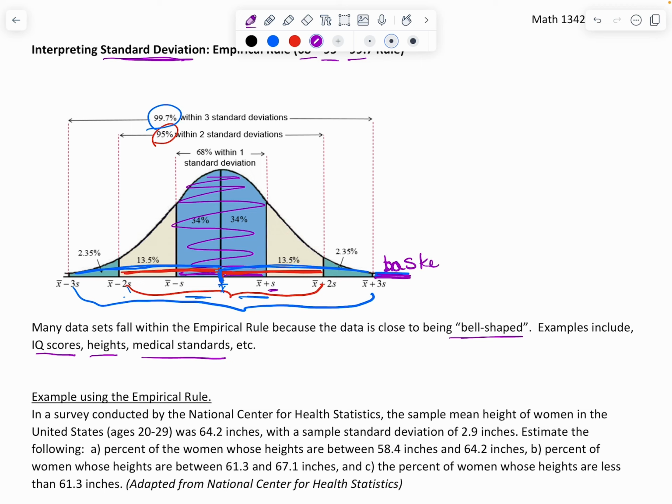So this is going to be where your basketball players fall, often. Likewise, back this way is probably where people who are much shorter than average are. So our little people fall within that category.